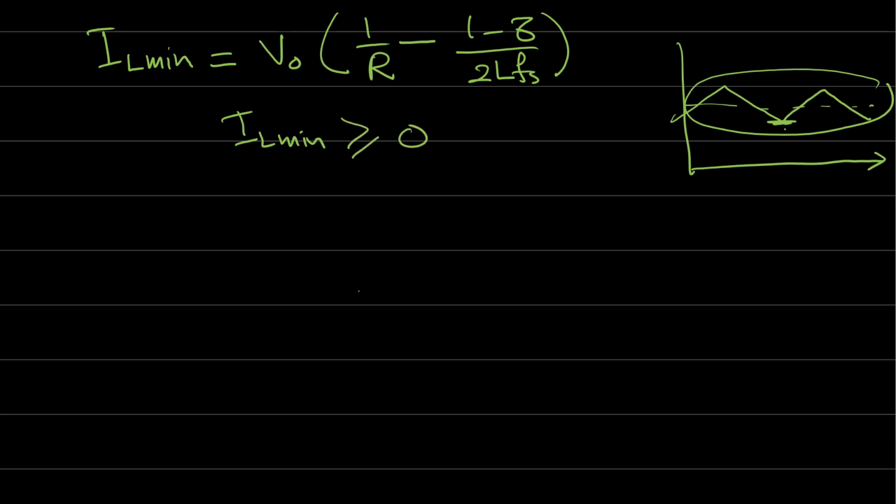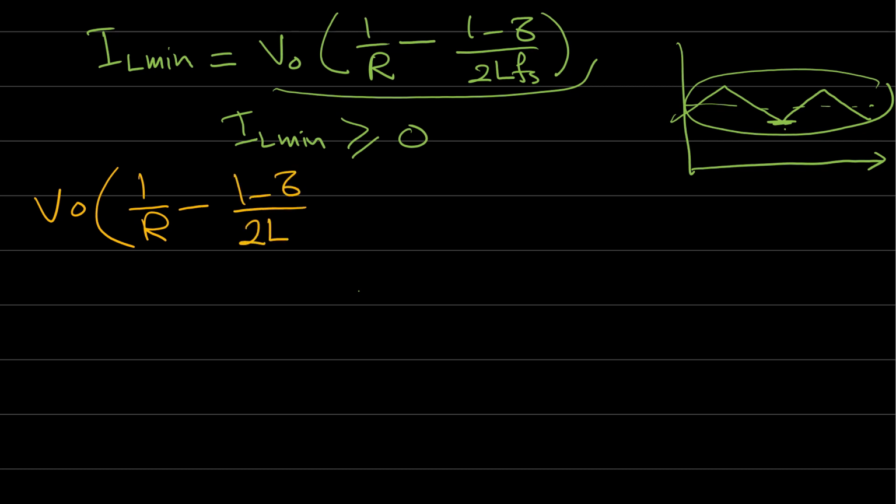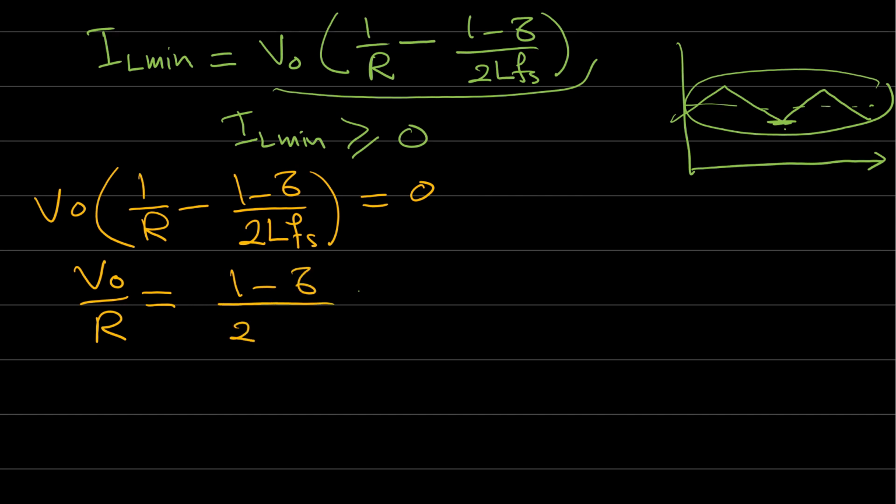So let's take this IL minimum, which is V out times 1 over R minus 1 minus delta over 2 times L times the switching frequency, and make it 0. This is the borderline between the continuous and the discontinuous conduction mode. Try to solve this. You'll find that V out over R equals 1 minus delta over 2 times L times the switching frequency.